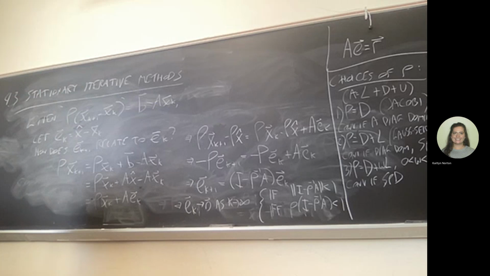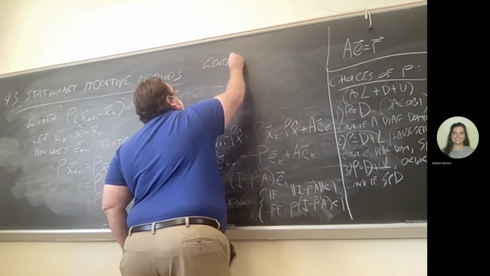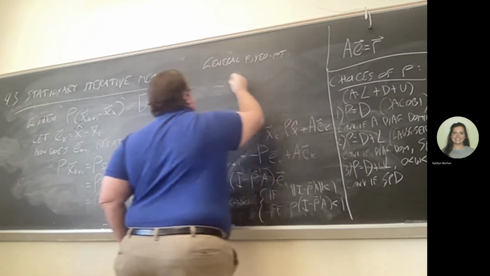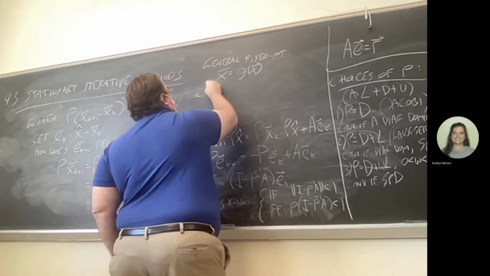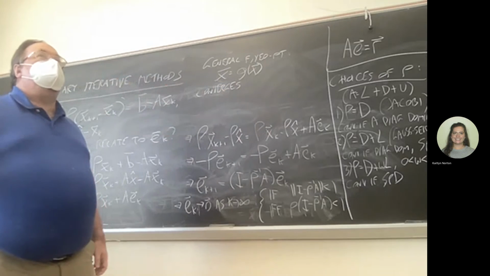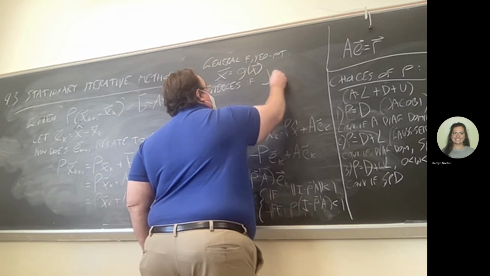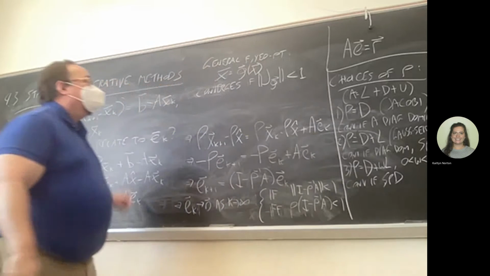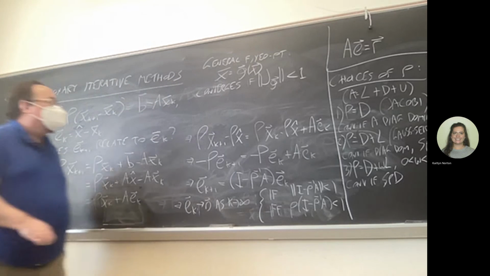I should point out for the general fixed point theory, if x is equal to some function g of x, I'm being sloppy here, but among the sufficient conditions for convergence is that the Jacobian of G, which would be a matrix, is less than 1 in some norm.